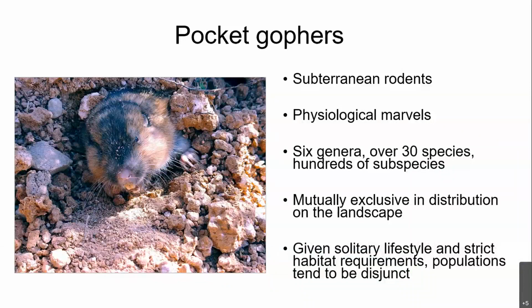With pocket gophers, there are 6 genera, over 30 species, and hundreds of subspecies, as you saw in an earlier slide. They're mutually exclusive in distribution on the landscape, typically, and I will get back to that point later on in the talk. And given their solitary lifestyle and strict habitat requirements, these populations tend to be pretty disjunct.